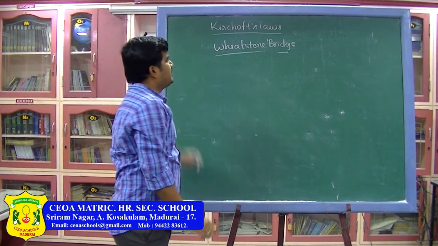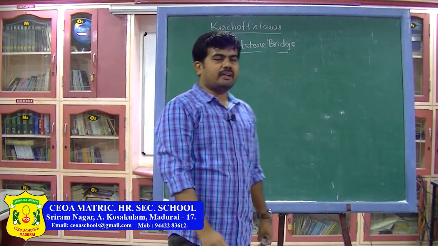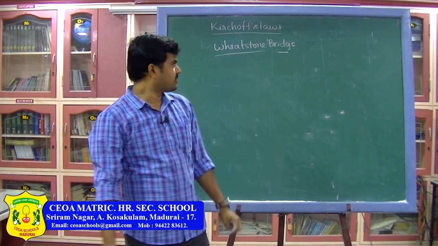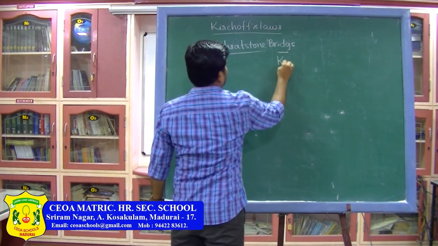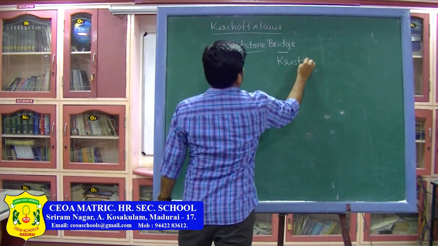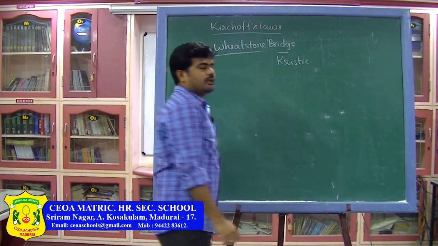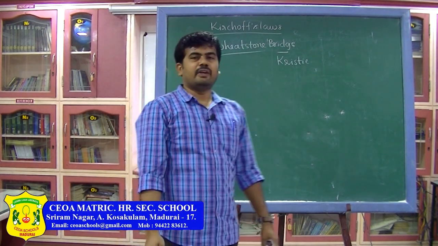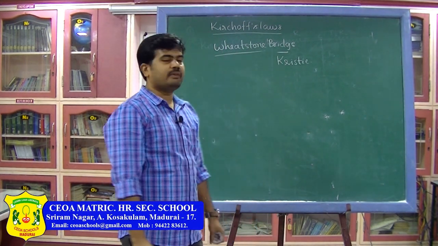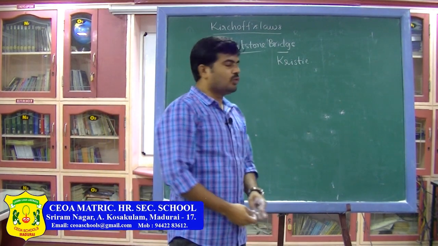It is a network with four resistors. It was devised by a scientist called Christie, and it was popularized by the scientist Wheatstone, which is why it is popularly known as the Wheatstone bridge. It consists of four resistors.